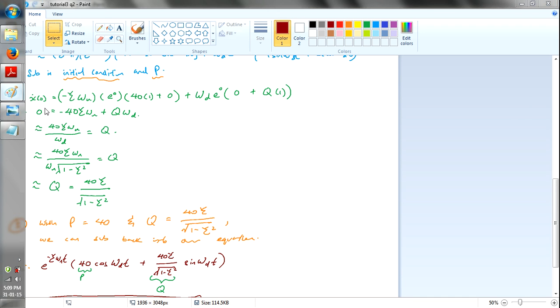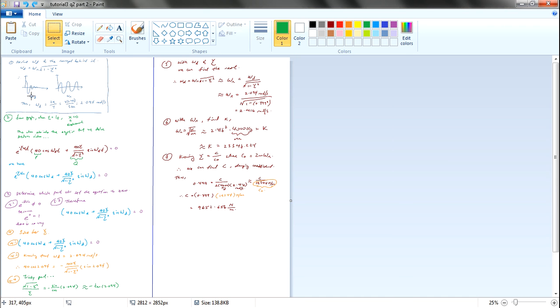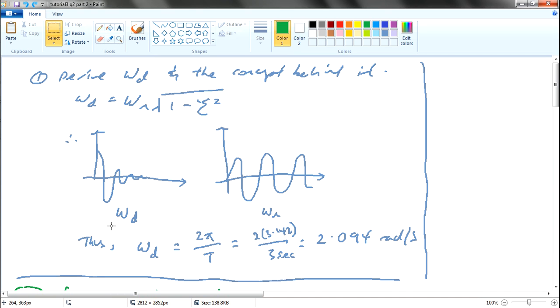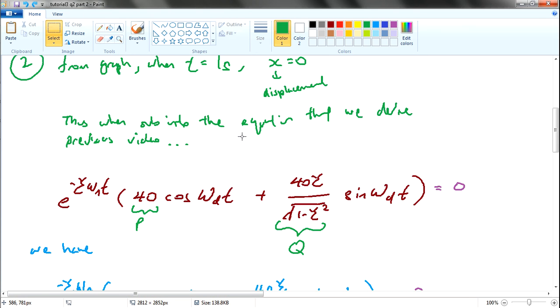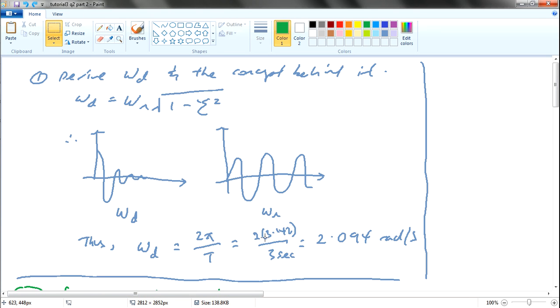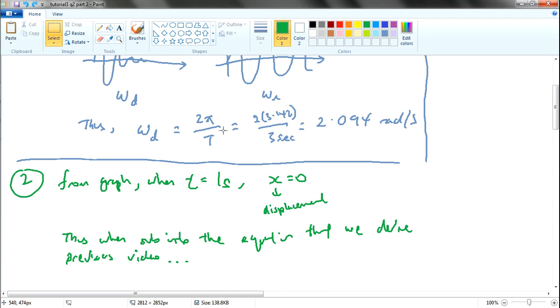WD, as I said earlier, is the damped frequency when you have a damper, and when you have no damper it is the natural frequency. From this concept, you will know that WD equals this relationship, and now you need to find the actual frequency and also the damping factor.